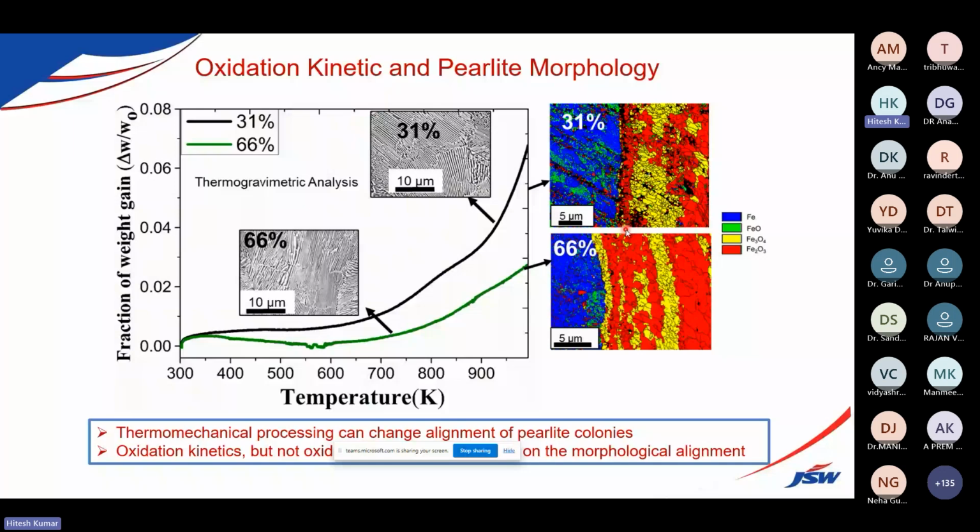So overall, we observed there is a small porous structure. To find out why, we thought these colonies have very fine pearlite, a very fine lamella structure. So let's create a microstructure having coarse pearlitic colonies.